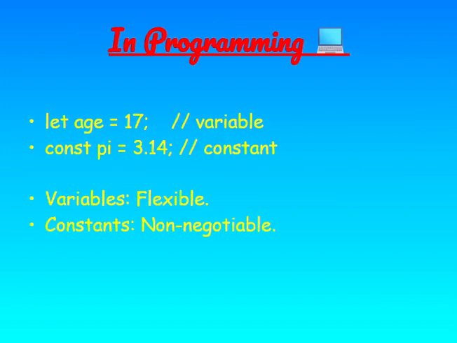Now, let's see in programming. In programming, a variable is also like algebra. In algebra, sometimes it's x plus 3 equals something. So that something can change if the value of x changes.